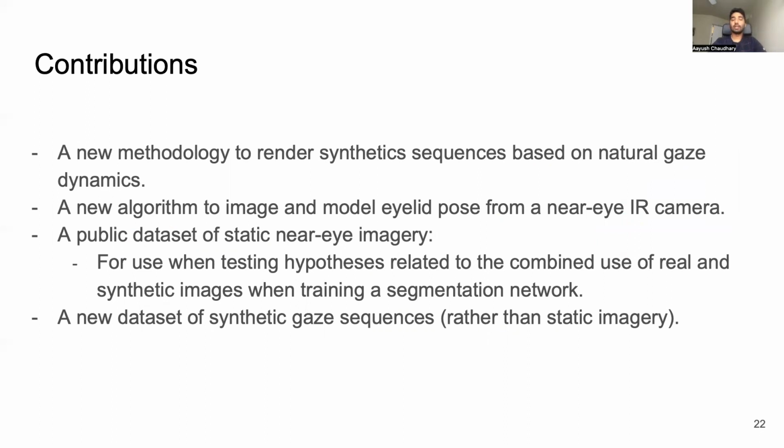Another is that we release two publicly available datasets, which can be used to study the domain gap by mixing real images with synthetic images, or just training on synthetic images and testing performance on real images. We also provide a dataset which has gaze sequences that follow natural gaze dynamics and can be used to study various eye movements and to improve gaze estimation algorithms.